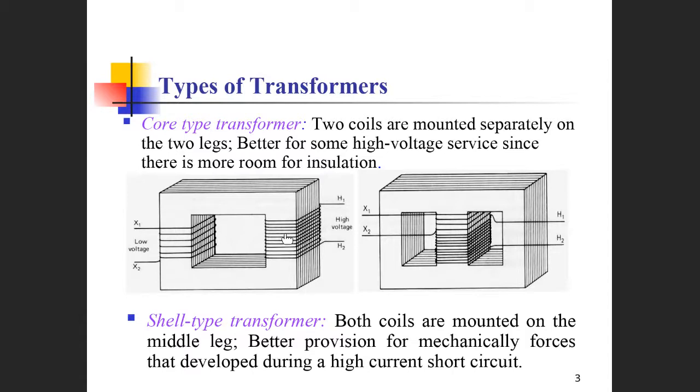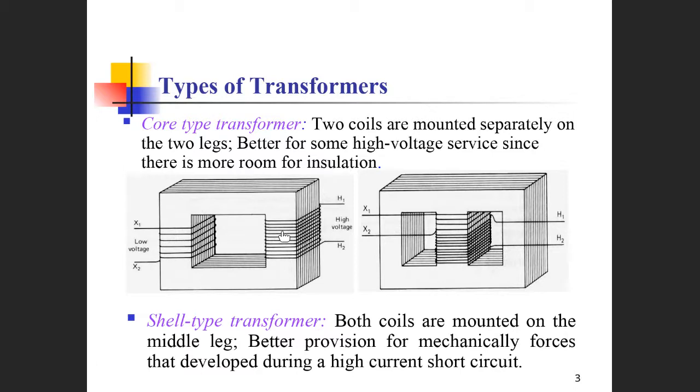So you can imagine this type of transformer is weak to big currents. If you have big currents, there is big mechanical force and big torque that try to make this core move. That produces mechanical movements, vibrations.